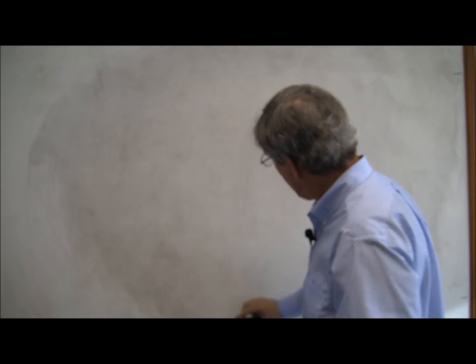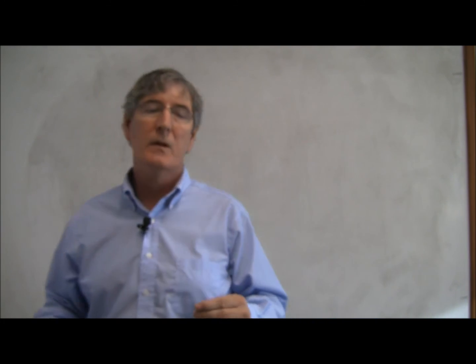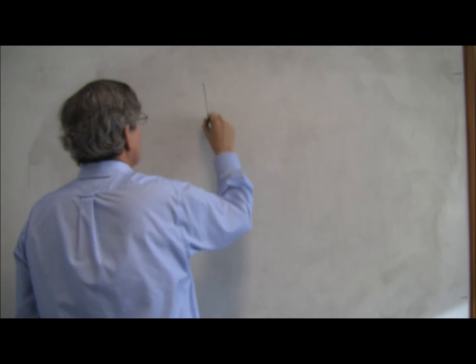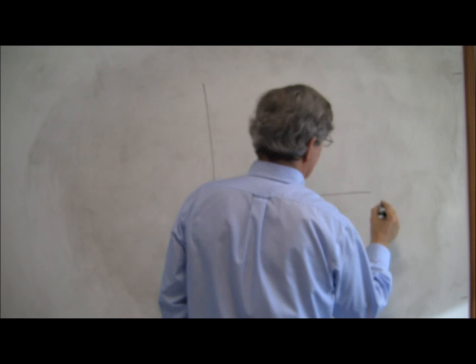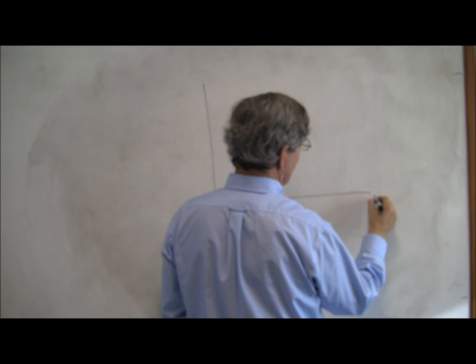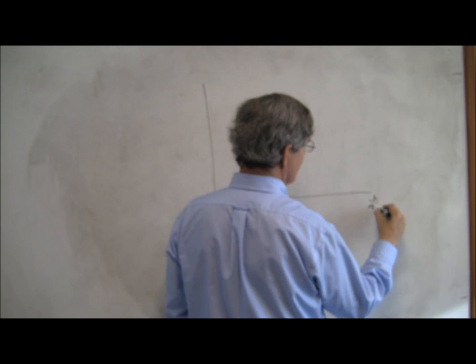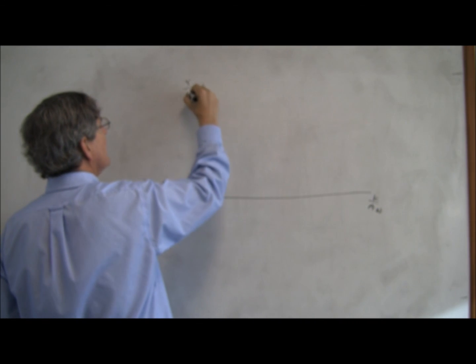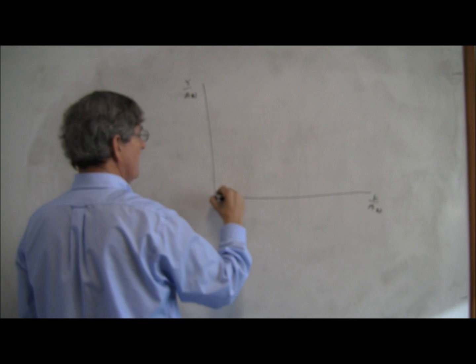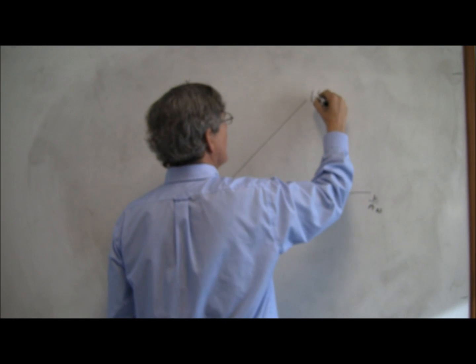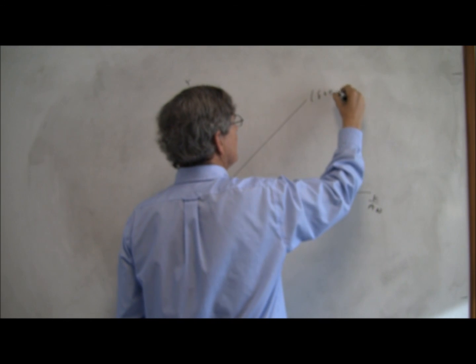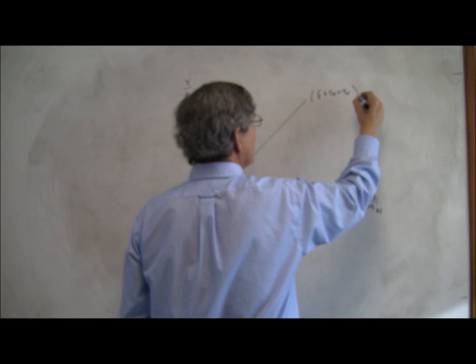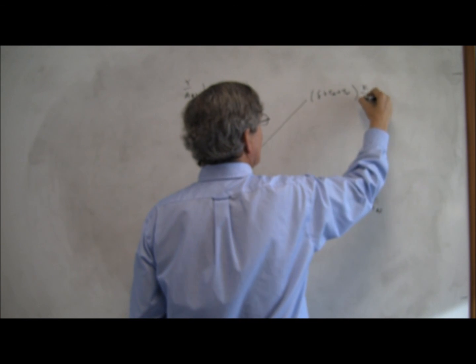Now, there's two ways that an economy can grow in this model. So we have K over AN. We're in the last section of the chapter, conclusions. We have Y over AN, and delta plus g_A plus g_N times K over AN.